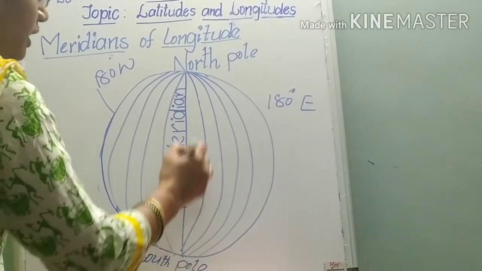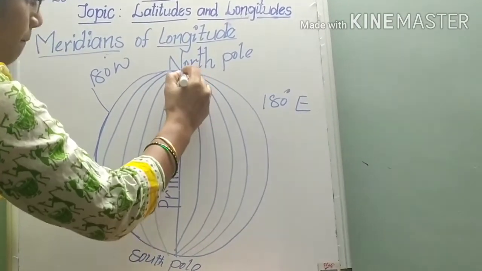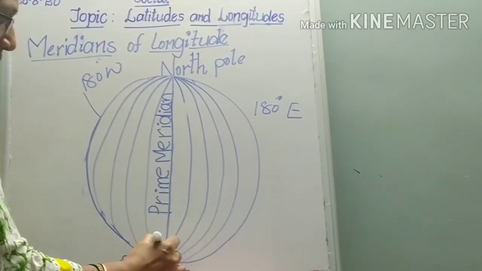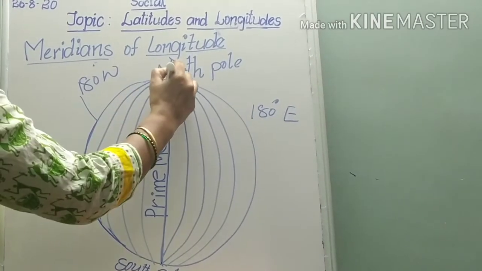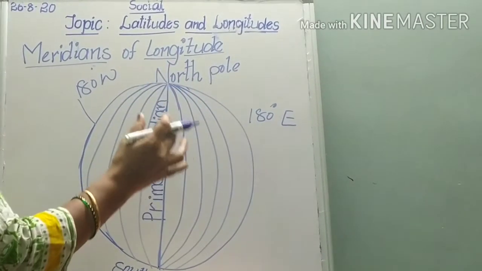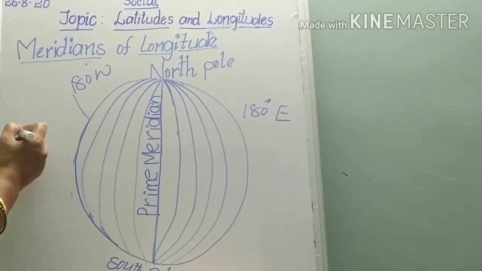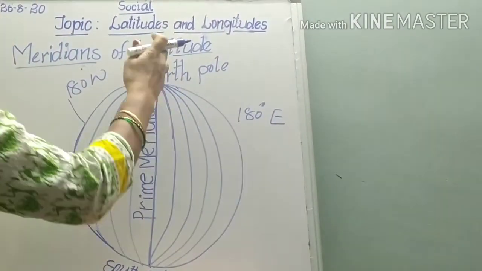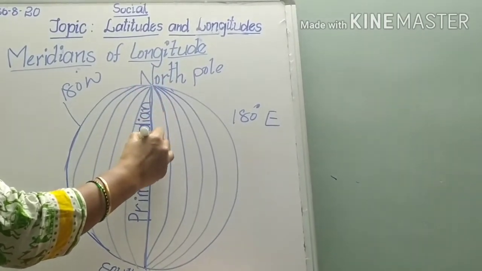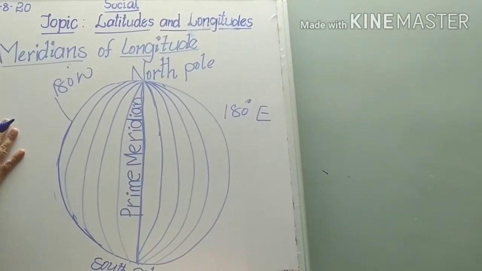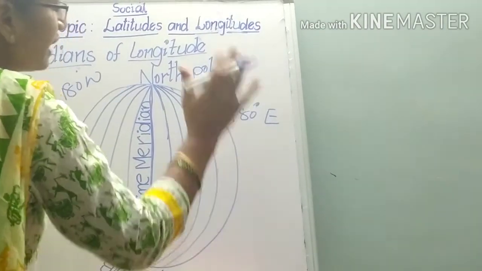This line is called the prime meridian. It divides the earth into two vertical hemispheres: the western hemisphere and the eastern hemisphere.